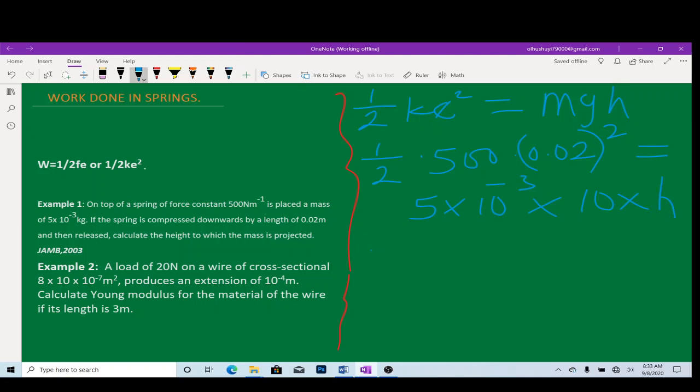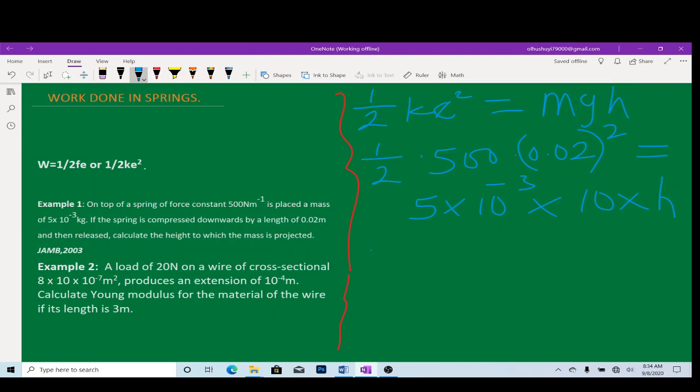This becomes 250. Let me just punch my calculator. Punch yours too. You're going to be having 250 times 0.02 squared. First, 0.02 times 0.02. What would that give you? 0.004.